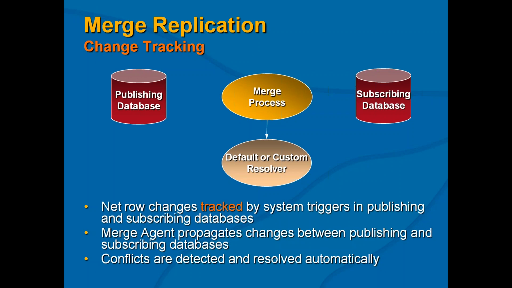If you give a figure like 70% winning chances for my publisher, that means whenever a conflict happens, it will try to get your publisher database updates and push them onto your subscriber database.